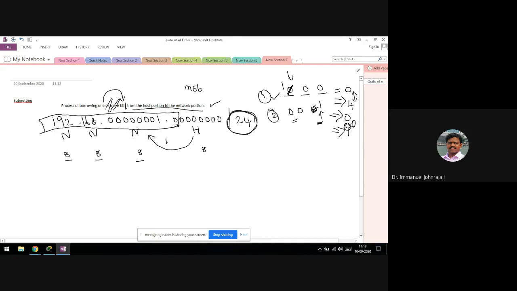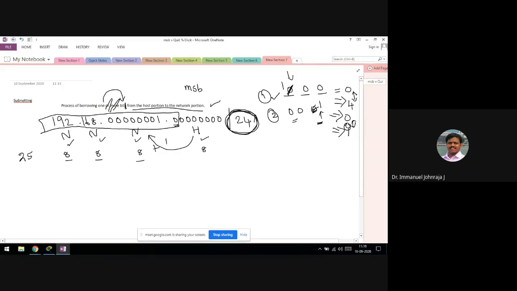Now you have borrowed one bit. Hence the number of bits in the network portion becomes 25. Please friends, do not miss out this line of story, right? I repeat it for the benefit of a few of you. Earlier I got network portion, network portion, network portion, host portion. Network portion has got 24 bits. That's why in the slash notation I have used the number 24.